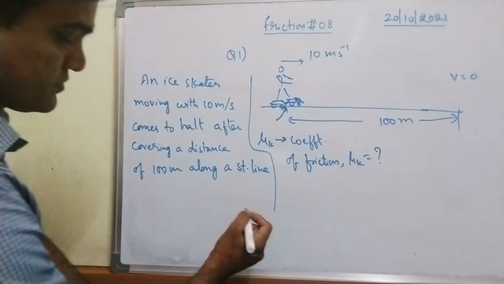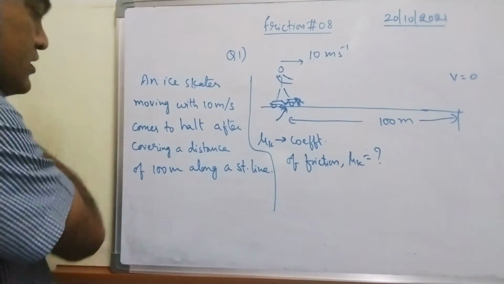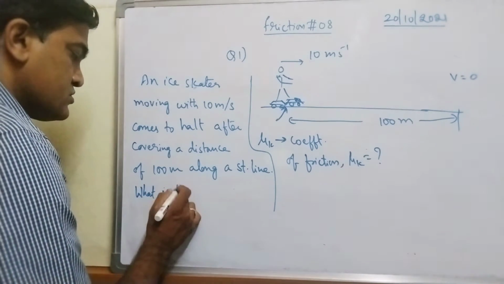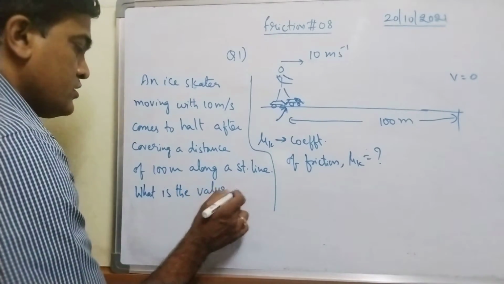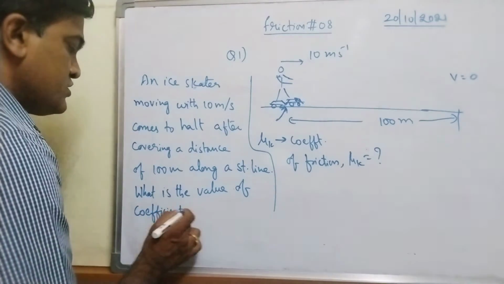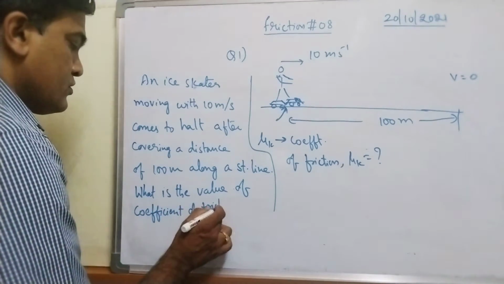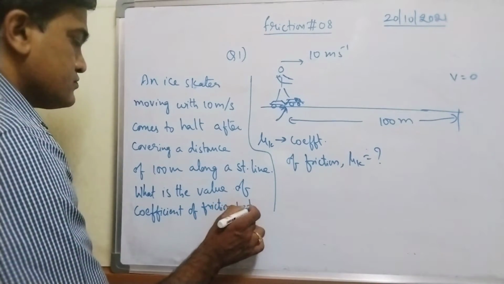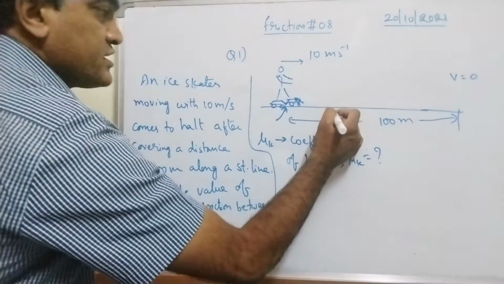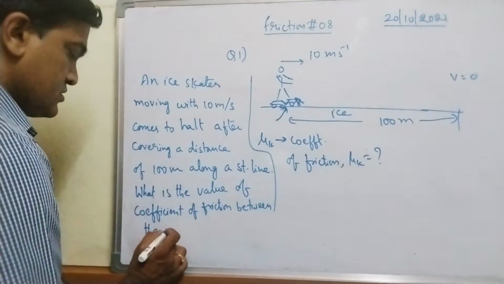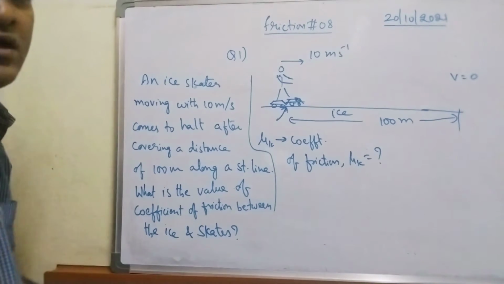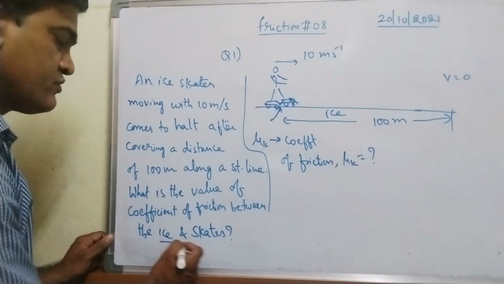What is the value of coefficient of friction between the ice and skates? This is ice and skates. I want the coefficient of friction between ice and skates.